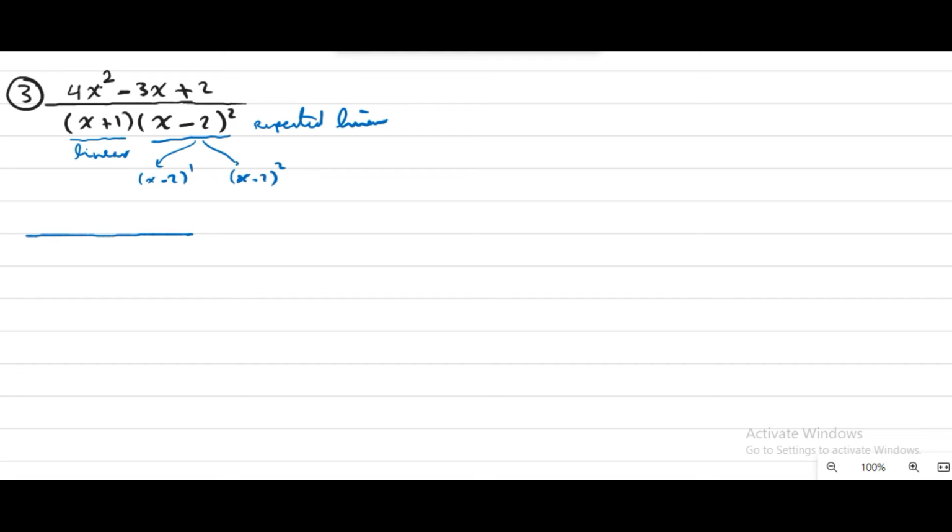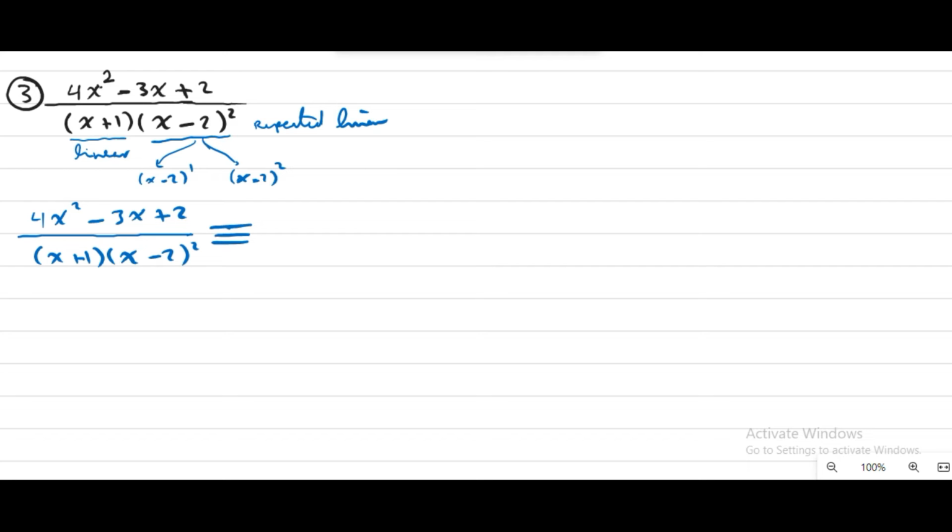As we said before, write this fraction, x to the power of 2 minus 3x plus 2 over x plus 1 multiply x minus 2 all to the power of 2, equivalent to, how many fractions will we put? 3 fractions, because as we said here we have 3 factors: x plus 1, x minus 2 all to the power of 1, x minus 2 all to the power of 2.